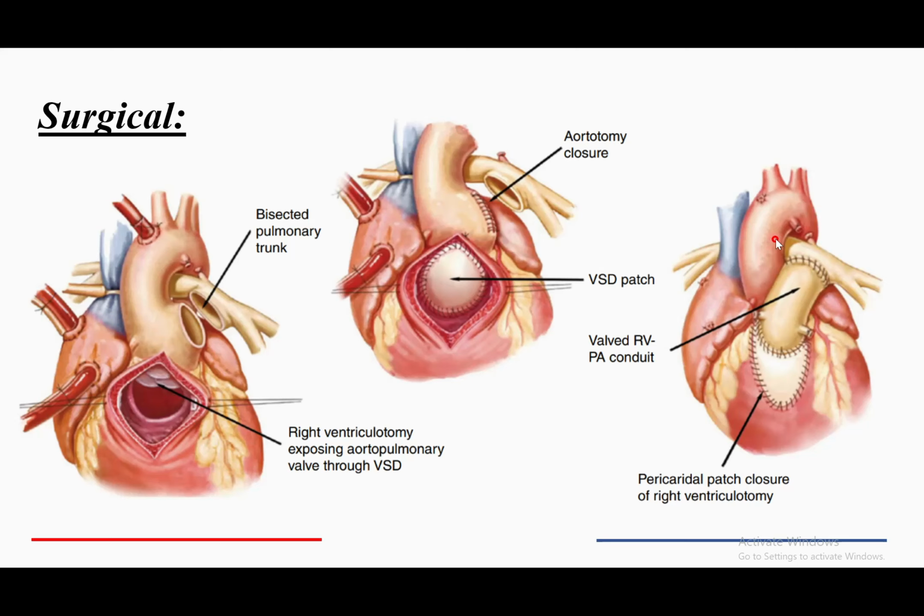Plus we do a Lecompte procedure in which the aorta is dissected and the pulmonary arteries are taken anterior to the arch to allow more anterior positioning of them, so that we can pull the pulmonaries more towards the RV.